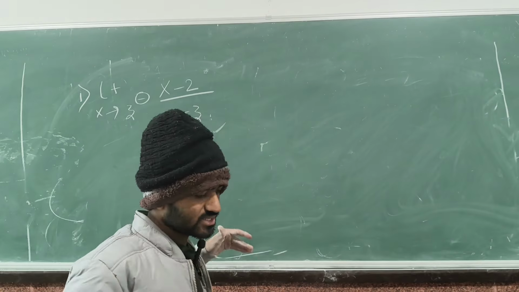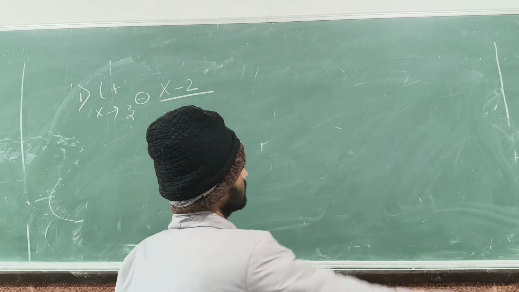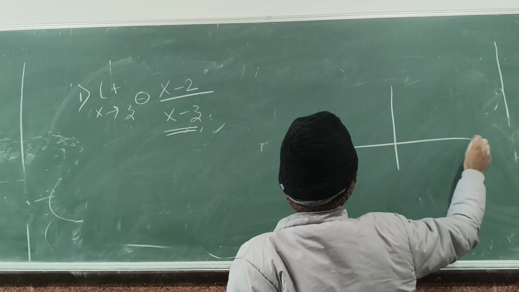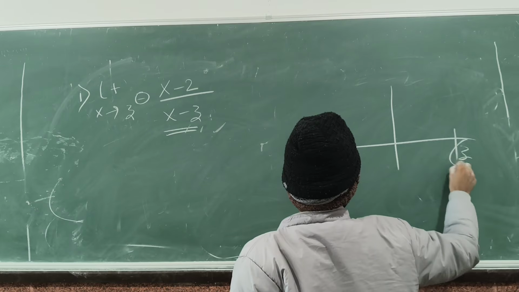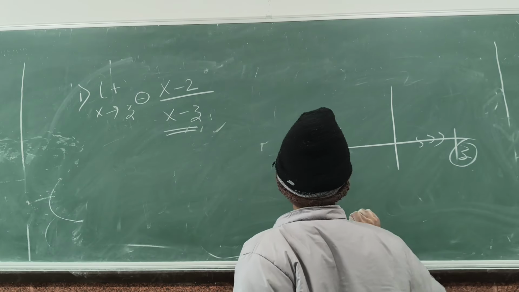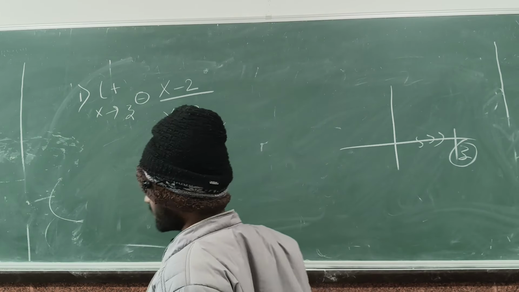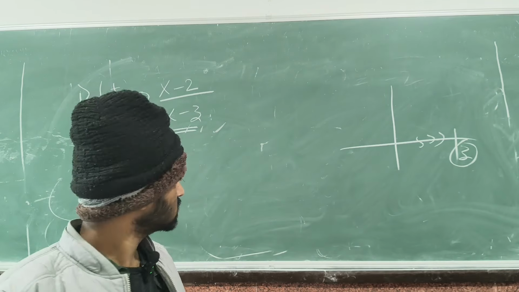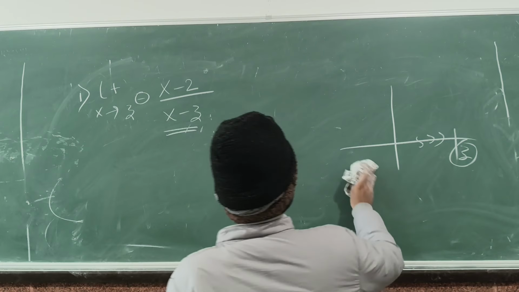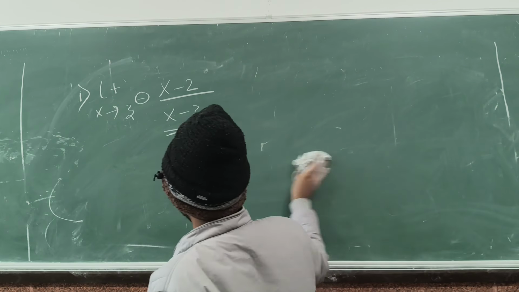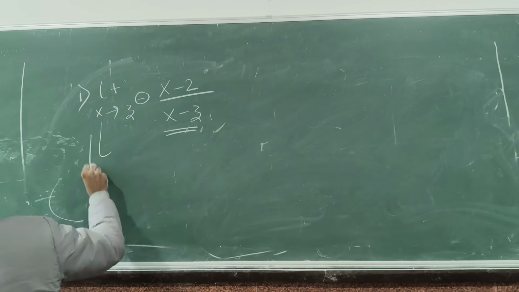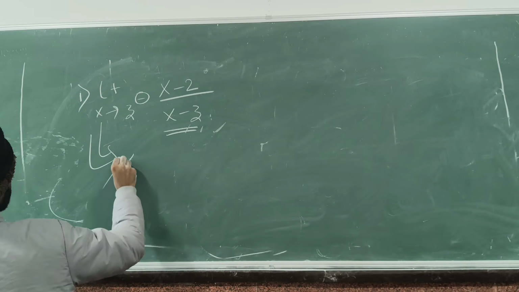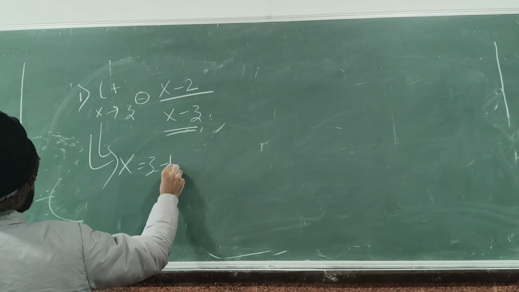So x tending to 3 minus. This is 3, and x is approaching 3 minus from the left side, left side on the x-axis. So I already said that x tending to 3 minus we can write as x equals 3 minus h.